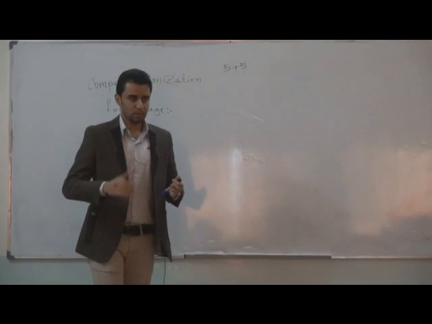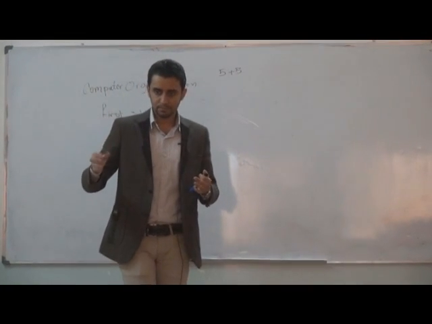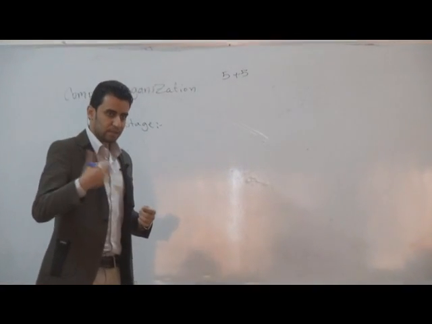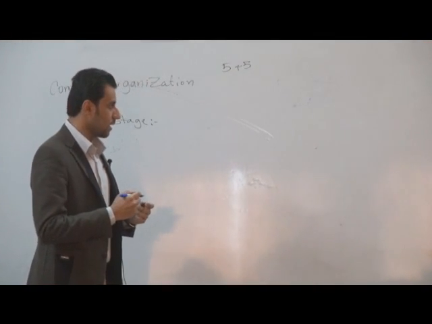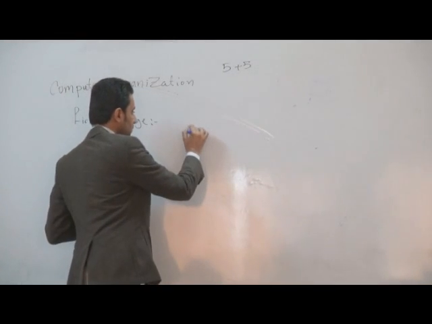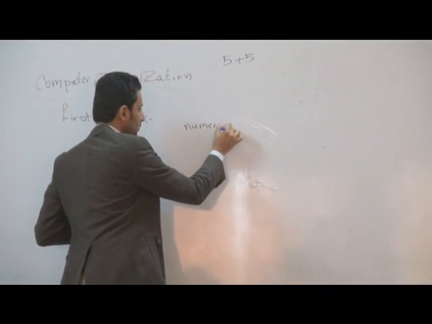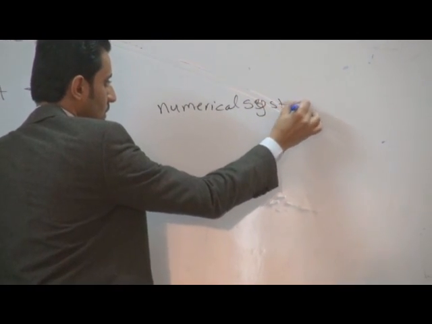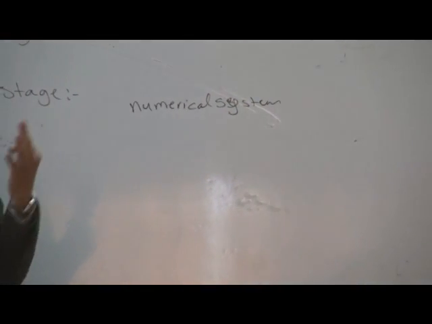Because when we go through theory, it will deadlock. Now we'll go through practice. And in the numerical system, we have three major parts in a computer.